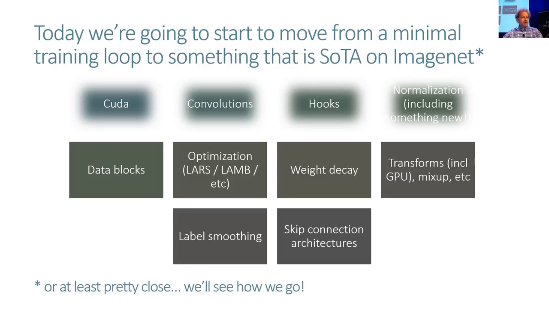So we're going to keep going through this process to try to create our state-of-the-art ImageNet model. The specific items that we're working with are images, but everything we've covered so far is equally valid, equally used for tabular, collaborative filtering, and text, and pretty much everything else as well.